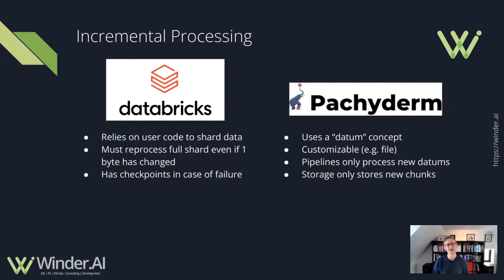It does have checkpoints to checkpoint the process in case of failure. And Spark Streaming also has the idea of triggers as well, which allows you to trigger on new data. But it's all quite complex. It's all quite hard to manage, and it's principally driven by your Spark code. It's not as simple as Pachyderm.